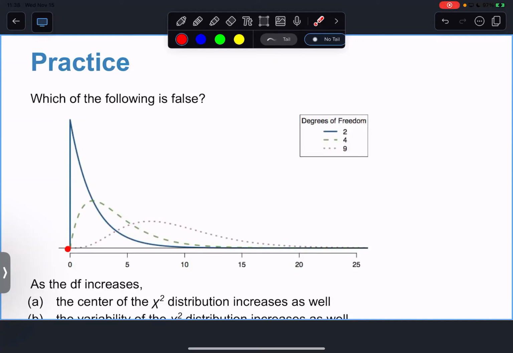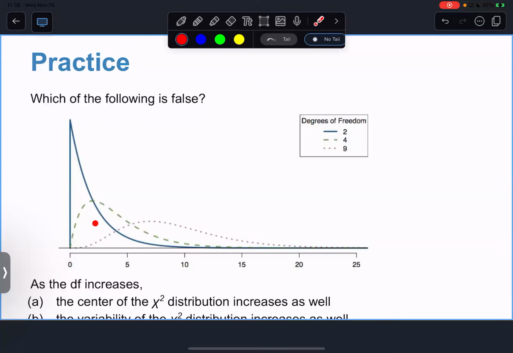2 degrees of freedom looks like this. Woo! A ski slope. A scary one at that. Then 4 degrees of freedom is kind of smoothed out a little bit, and it's shifting the center further out into the positive values, further to the right.